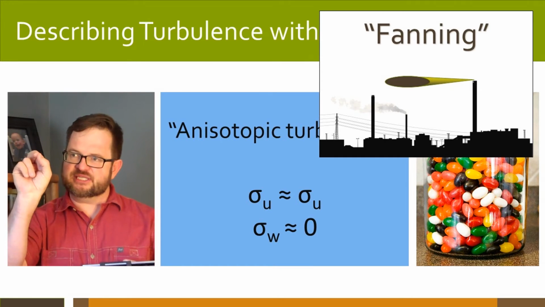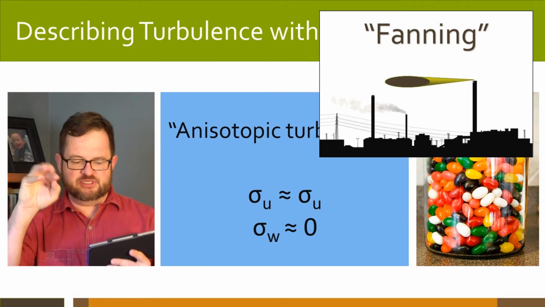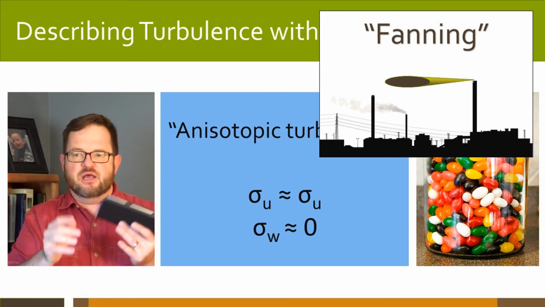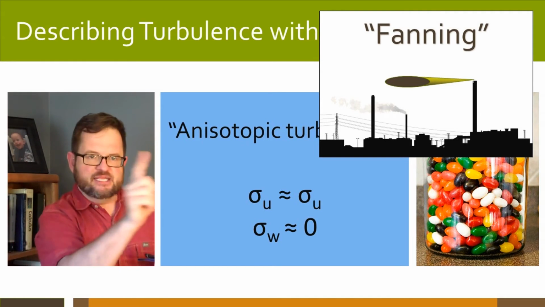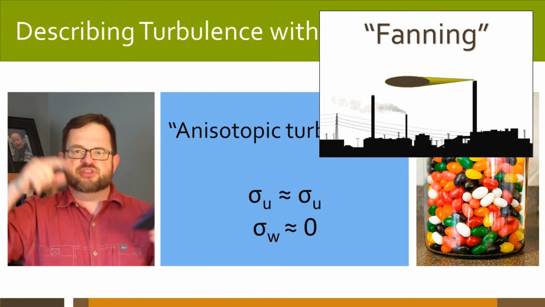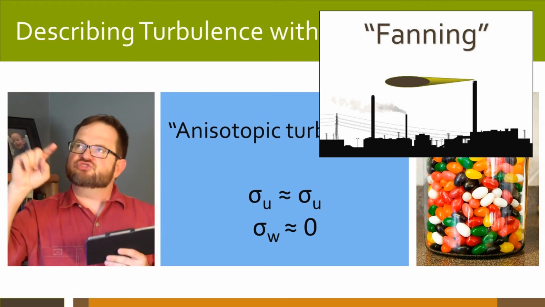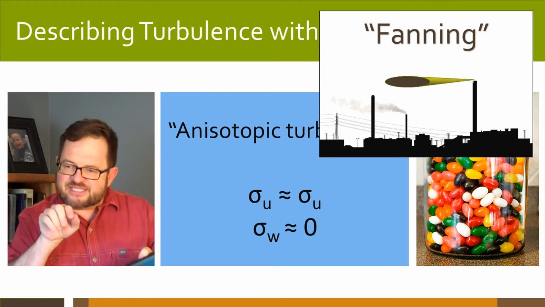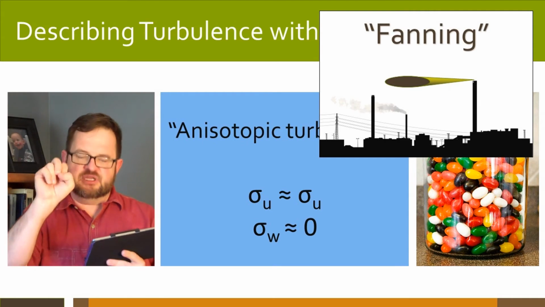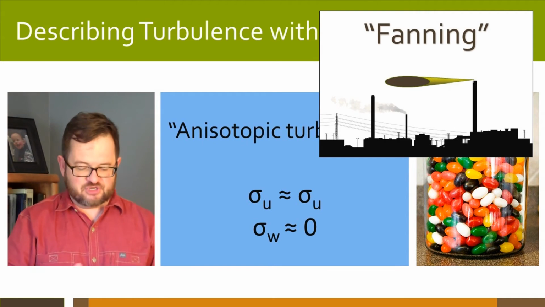Fanning means there's a point source at the top of the smokestack for whatever your pollutant is, and as it is carried downwind from this point source, horizontal turbulent eddies are transporting that pollutant out over a wider and wider area, but there's no vertical turbulent eddies transporting it up and down, and so you just sort of get this triangle or fan-shaped area of pollutants fanning downstream from the top of our smokestack.